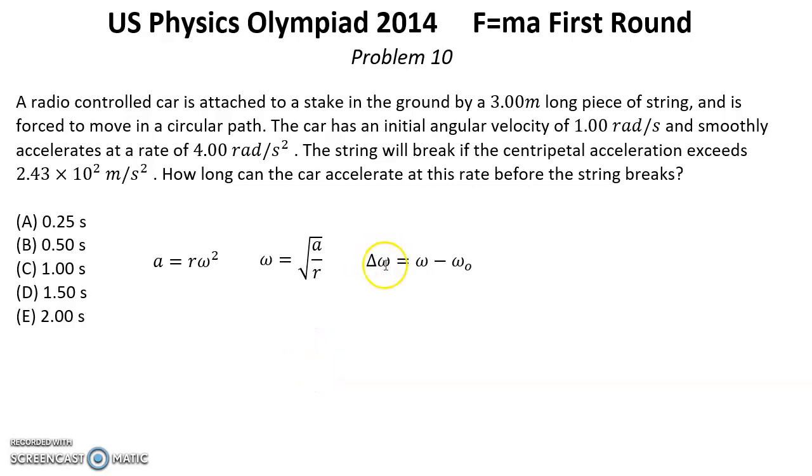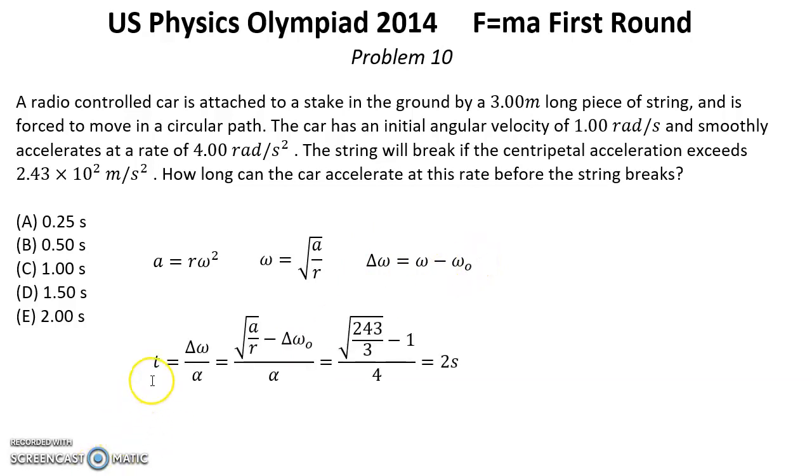The change of angular velocity equals final angular velocity minus initial angular velocity. And total time will be the change of angular velocity over angular acceleration, which is this expression, and when we put in numbers we will get 2 seconds, which is answer E.